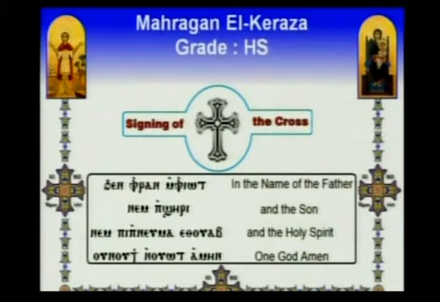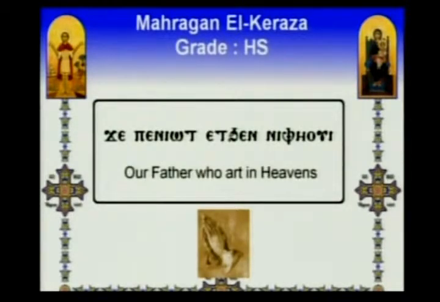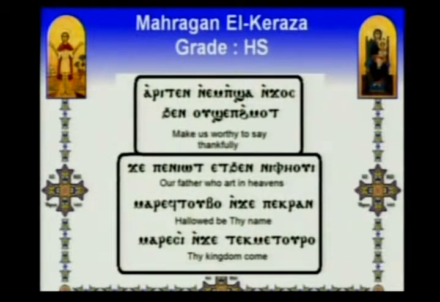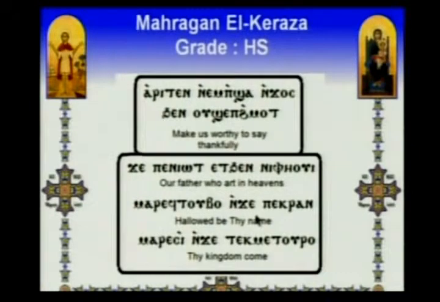And then when we start saying Jepiniot, before we start we usually say, Aretain en emepsha in gos chen u shepehmot, which means let us make us worthy to say with thanksgiving the following, and then we start Our Father in heaven. So let me go over it. Aretain en emepsha in gos chen u shepehmot.